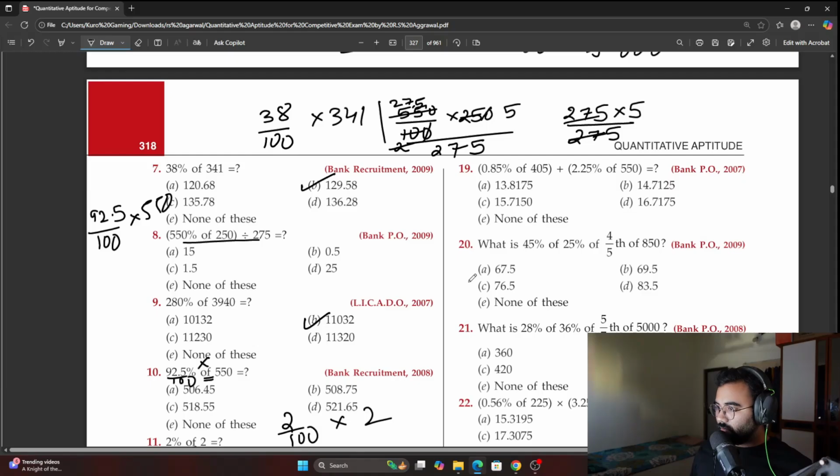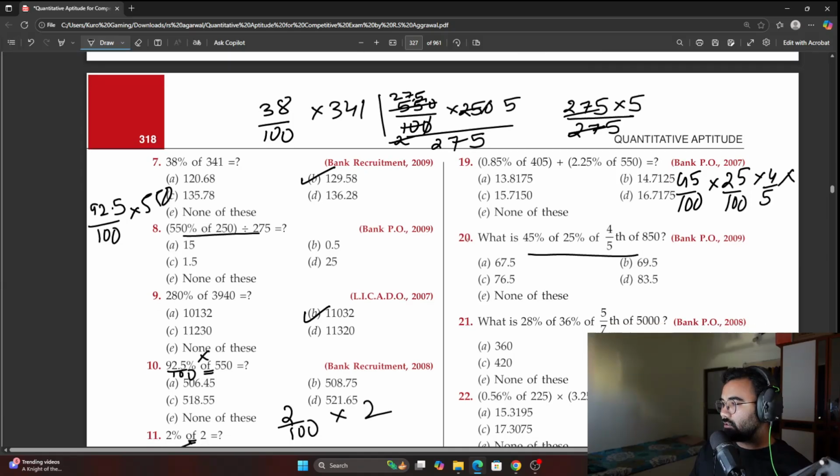All right, let me see if you have some other variety of questions. All right, let's do the 20th one. 20th one looks slightly different. Okay, so 45% off multiplication of 25% of 4/5 of 850.